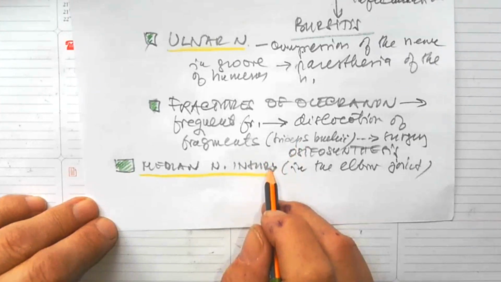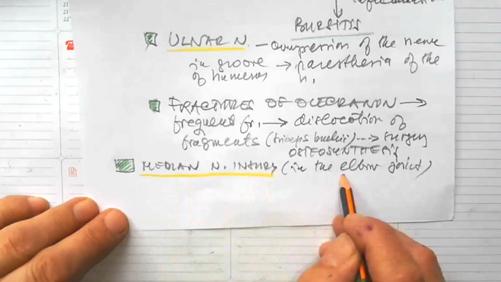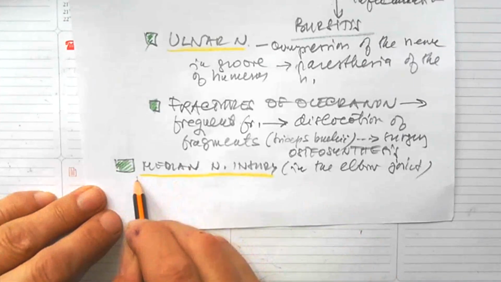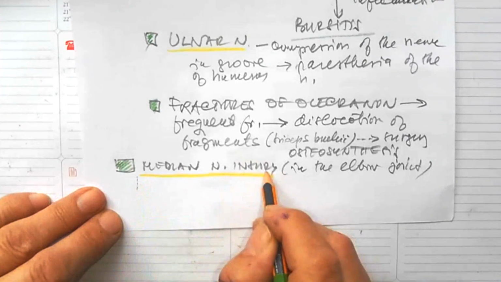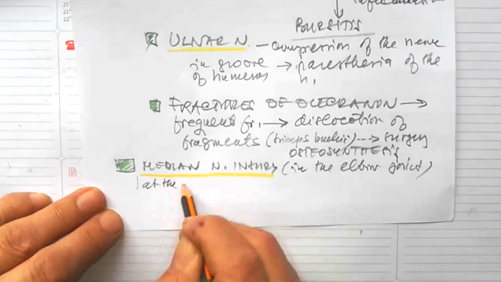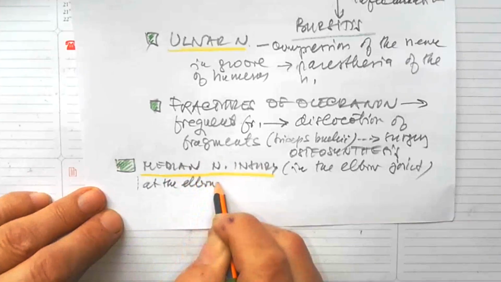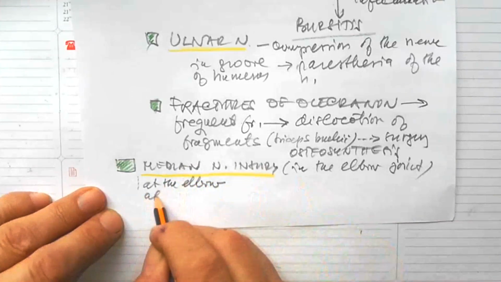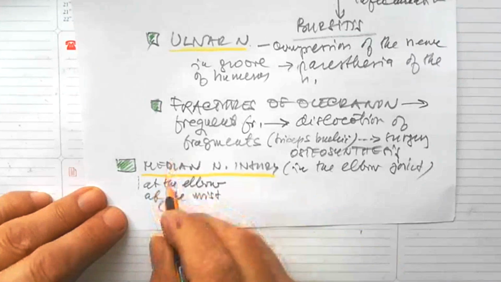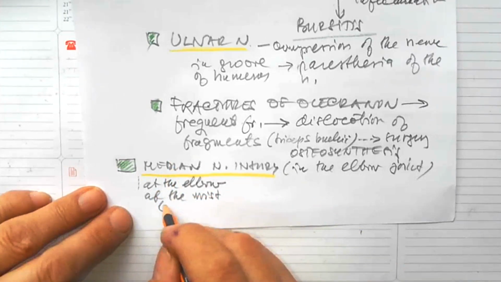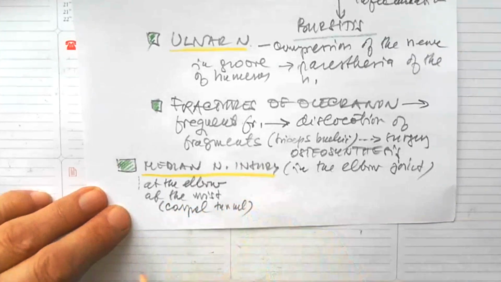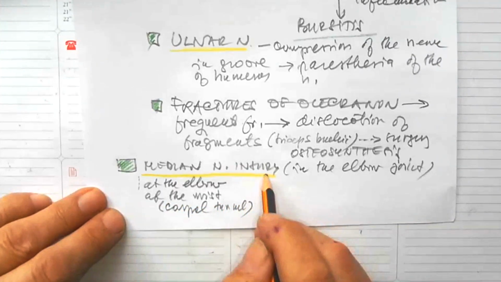So it could be at the elbow, but also at the wrist. So we could say that median nerve injury can be seen at the elbow. We will speak about that now. Then at the wrist, which means carpal tunnel. This is a typical syndrome.